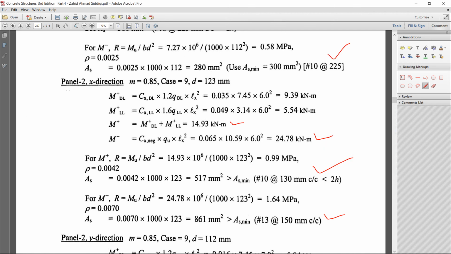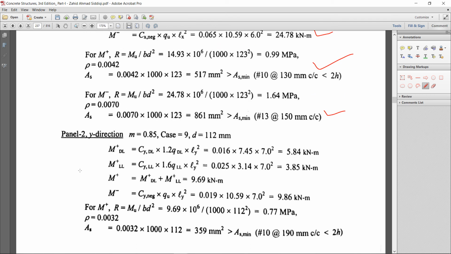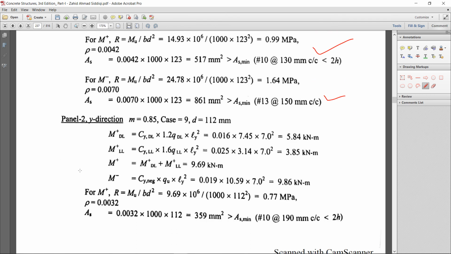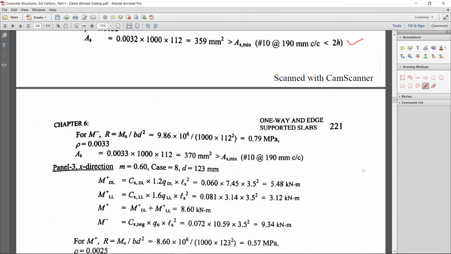Similarly, as in the panel X direction, we will calculate the panel Y, the positive and negative reinforcement. Here the positive moment is coming, here the negative moment is coming. The area of steel, similarly for positive, is number 10 at 190 millimeter center to center, and for negative, number 10 at 190 millimeter center to center.